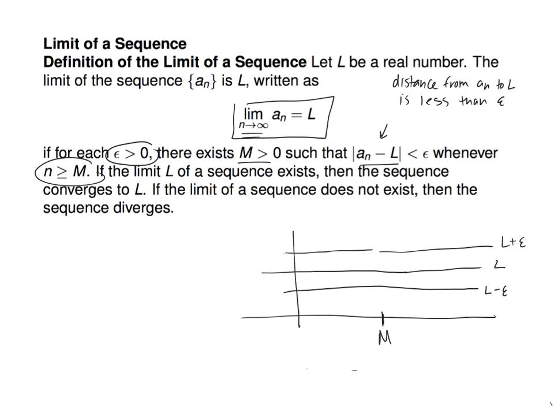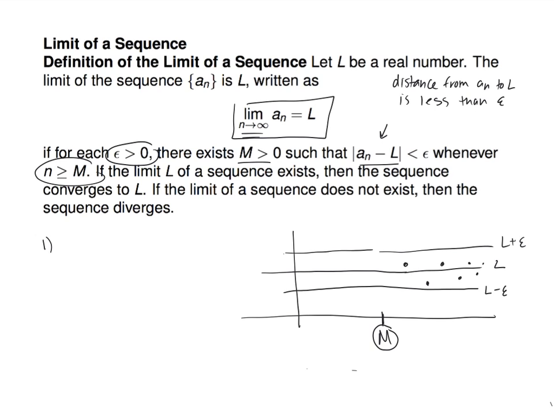Here's that capital M. And what this is saying is that if you have some bitty small number, you can find a number, and after that point, the dots in your sequence are never more than epsilon away.